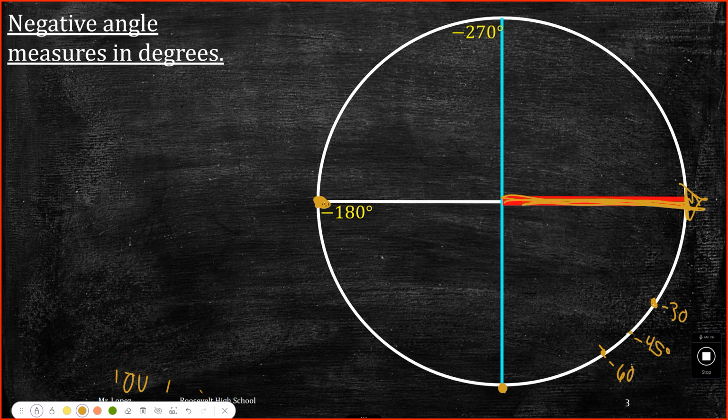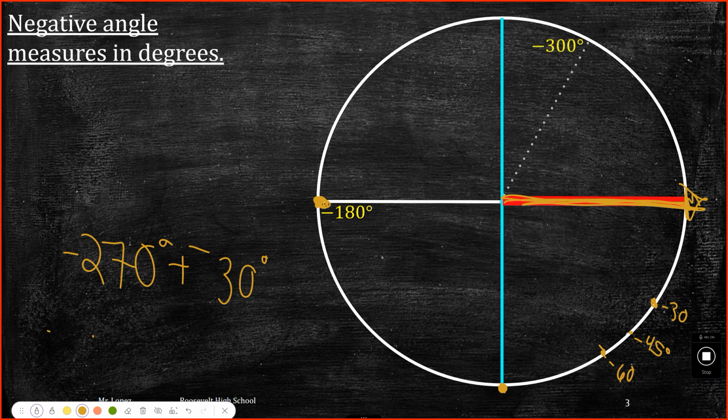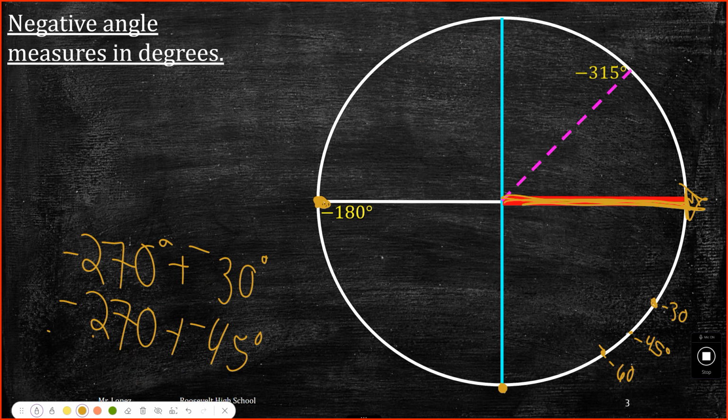And now we start over and add those up. Negative 270 plus negative 30 is negative 300. Then negative 270 plus negative 45 is negative 315.